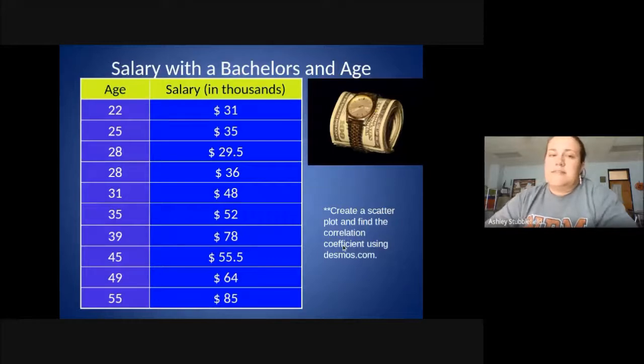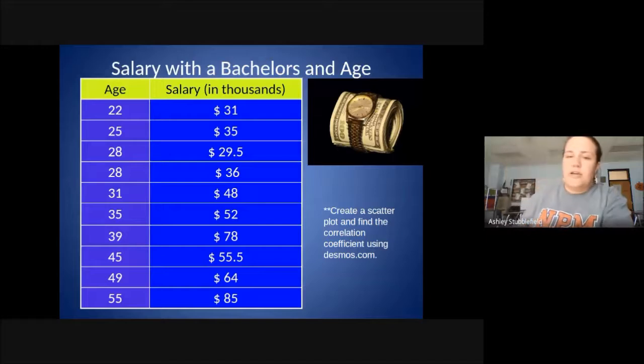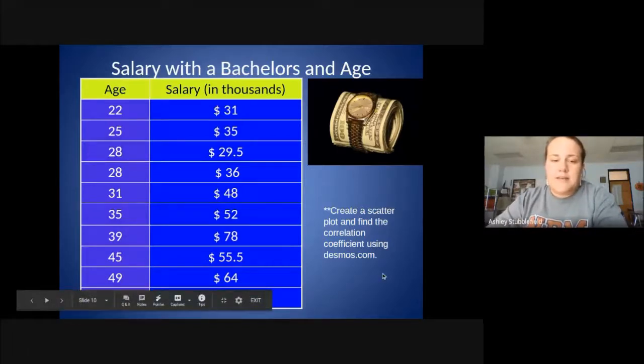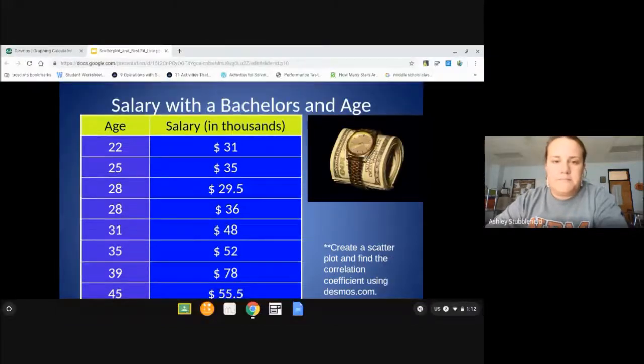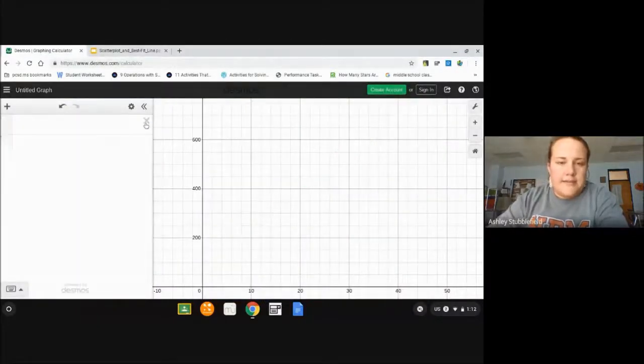So let's look at this example. As your age increases, if you have a bachelor's degree, I want to see if your salary will also increase or decrease, being positive or negative. So I'm going to swap back to Desmos again. And I'm going to delete this table that we've got and add a new one.